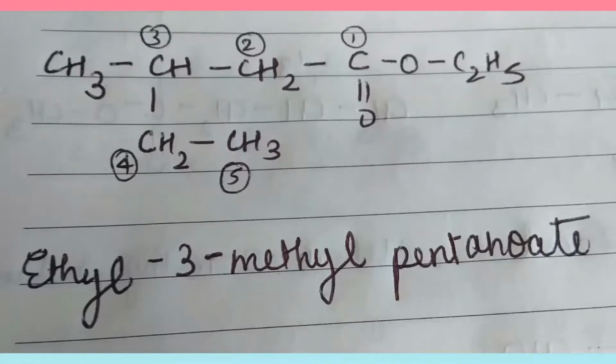As you know, it is alkyl alkanoate. And here we have a substituent attached to it, so we will mention the substituent. And if you have a number that is present somewhere in the middle, you always write a hyphen before it and after it whenever you're writing the main name. So here the methyl substituent is present on the third carbon, so you write it as ethyl 3-methylpentanoate.